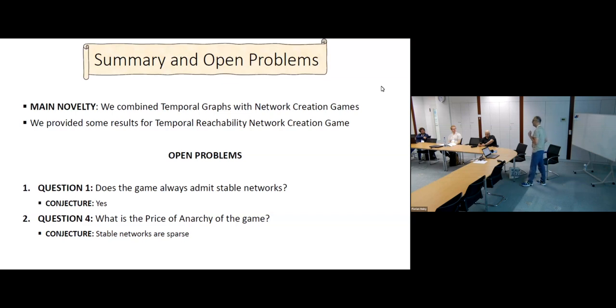In particular, for host graphs with a large lifetime, we have this gap of log n versus root n for the lower and the upper bound, respectively. What is the exact value of the price of anarchy of the game? We don't know, of course. But we conjecture that the price of anarchy of the game is low because we believe that stable networks must be sparse.